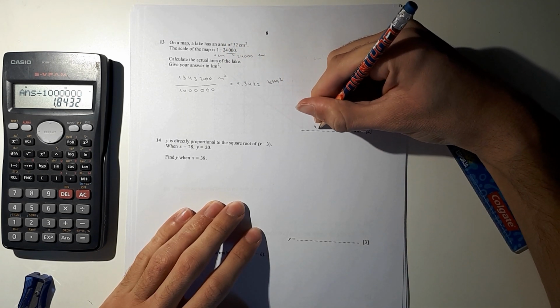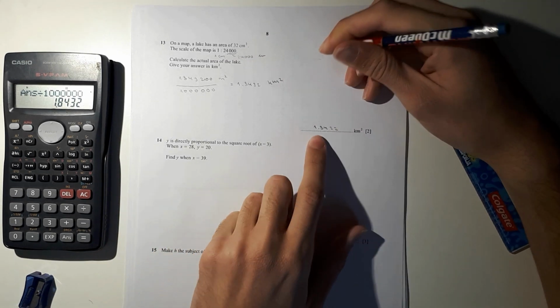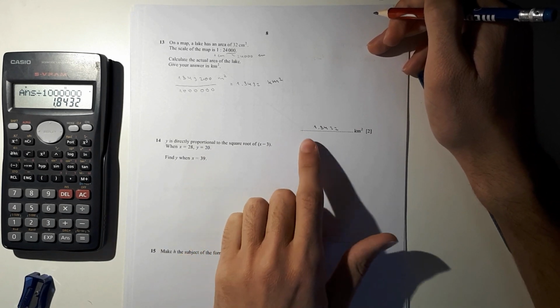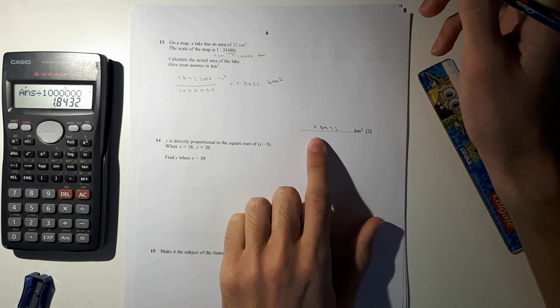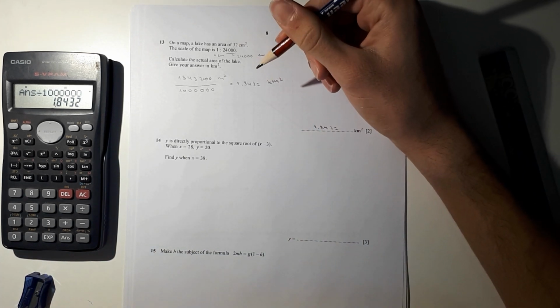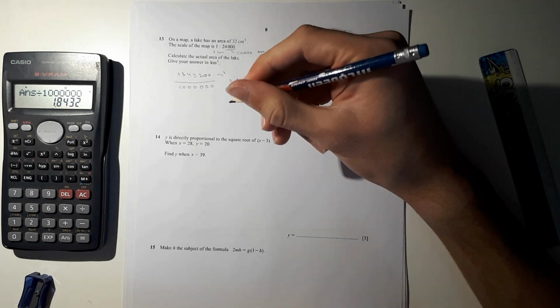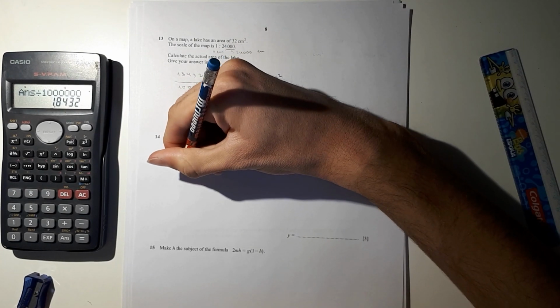So we know now that the actual area of the lake is 1.8432.